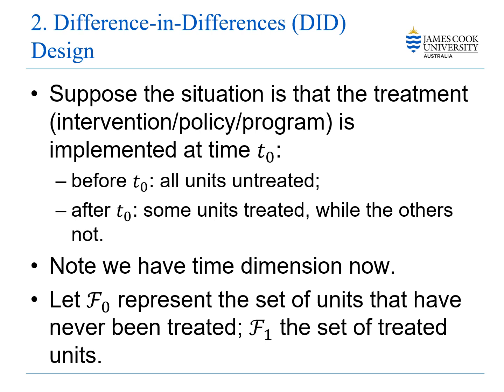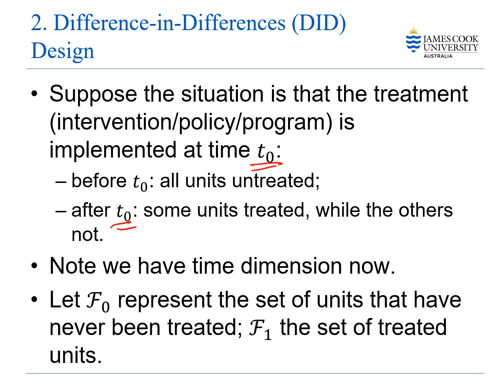Second, the difference-in-differences design. Suppose the treatment, the intervention, the policy, or the program is implemented at a particular time T0. Before T0, all units are untreated. After T0, some units are treated while the others are not.